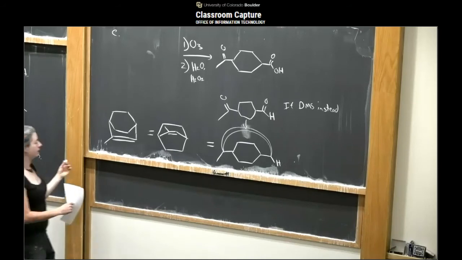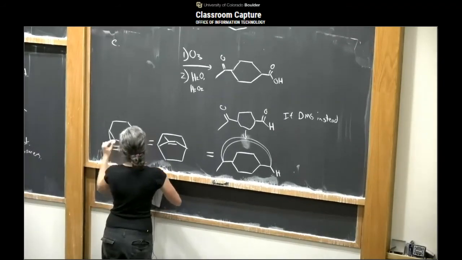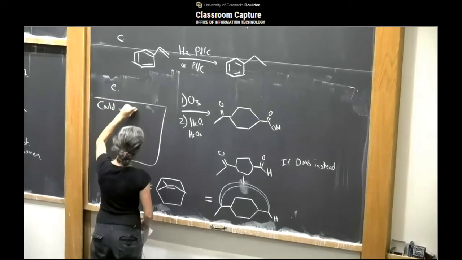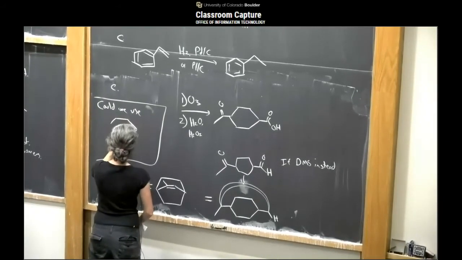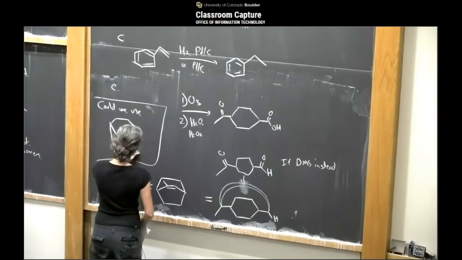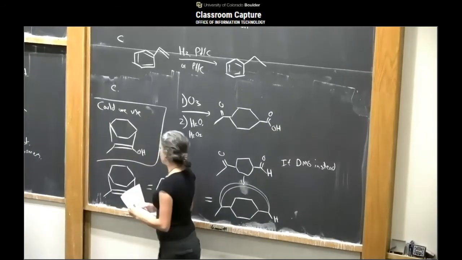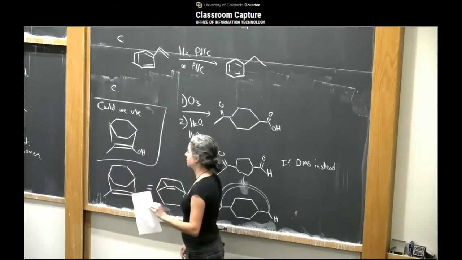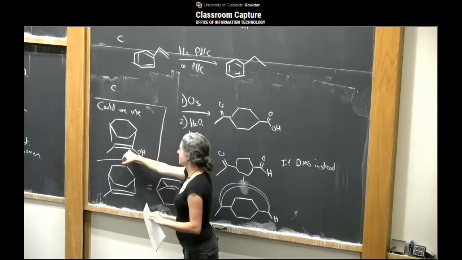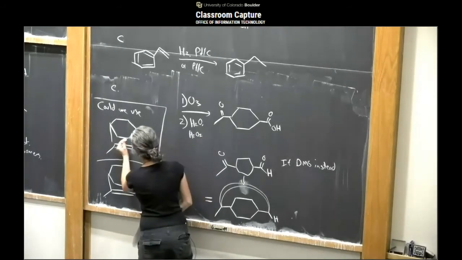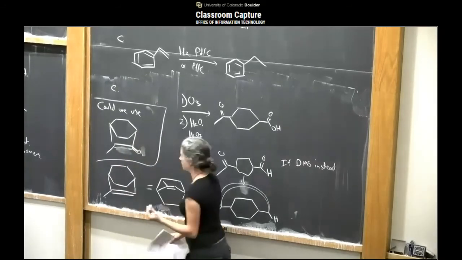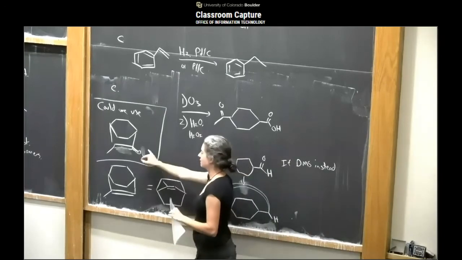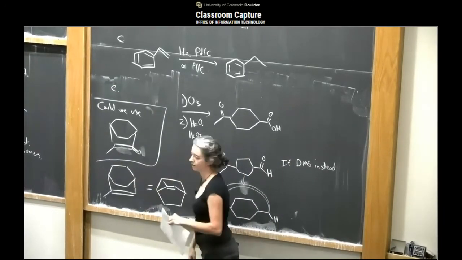So let me actually draw what Anna's asking: could we use this? Partly I ruled that out by the phrasing of the problem. And the other part is, for reasons that we'll cover in OChem 2, this thing doesn't last very long. It actually immediately rearranges itself to a carbonyl instead. So even if that looks like a viable starting material, it turns out it's not going to sit around for very long that way.